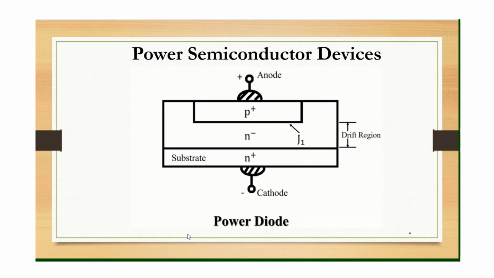The net charge neutrality of the space charge region is still maintained, similar to that of the signal diode or the normal diode. But the thickness of the space charge region is quite high, and it deeply penetrates into the N minus region. So that's a brief construction of the power semiconductor diode, that is the power diode.